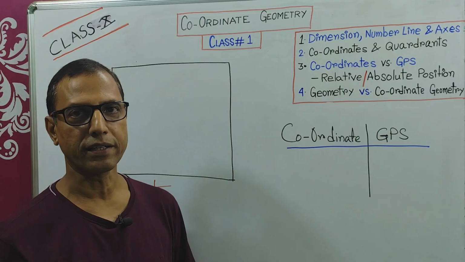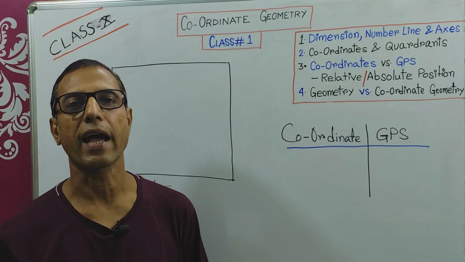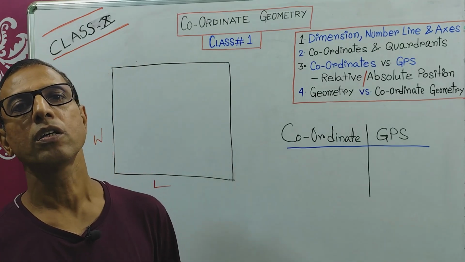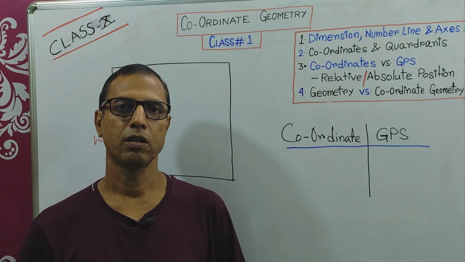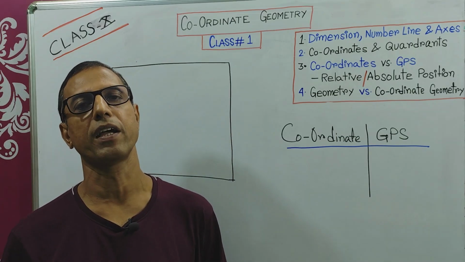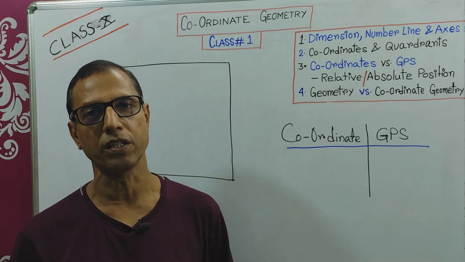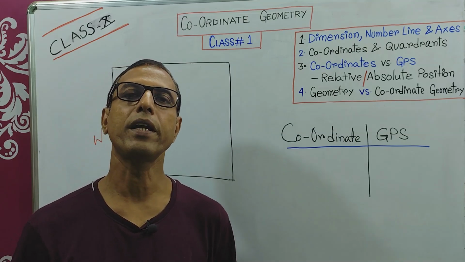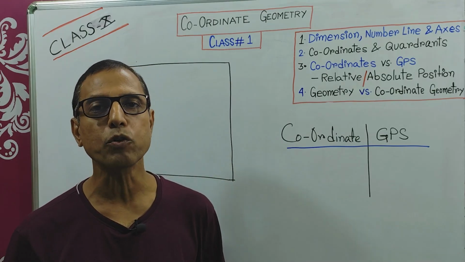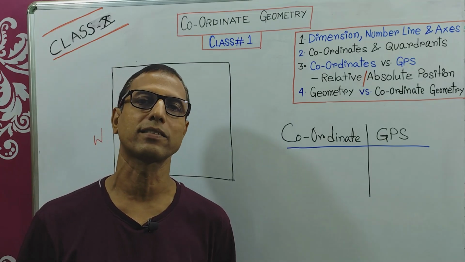GPS and coordinates: coordinates are a relative position. That means if you change the axis, because the position of a point is based on the position of the origin, then your coordinates will also change. So a coordinate is a relative position of a point which depends on the position of the origin or the axis.